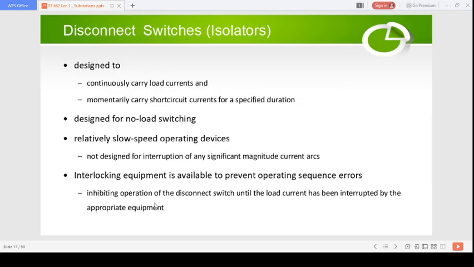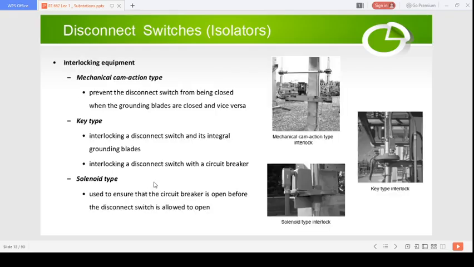In this recent blackout, there was a problem with the grounding while the system was put back in. If you had the proper interlocking equipment and used it properly, then connection of isolators is not allowed until the ground connection is clear. Such things are done by using this interlocking equipment.